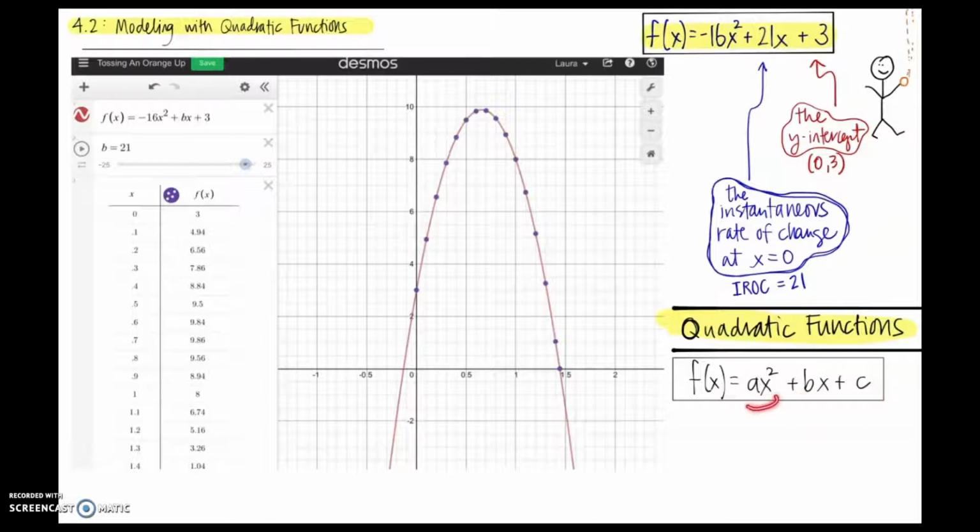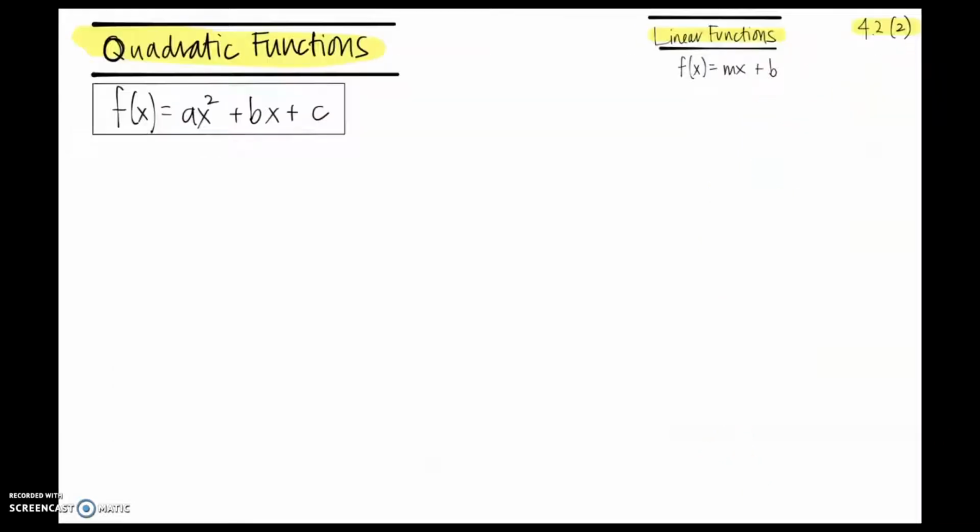But now we're introducing a new term, and that's going to really change things. It's going to create these parabolas instead of straight lines. We might have a parabola down or a parabola up, but quadratic functions always look like parabolas. Just looking back on linear functions, remember that this number represented the slope, and this number represented our y-intercept.